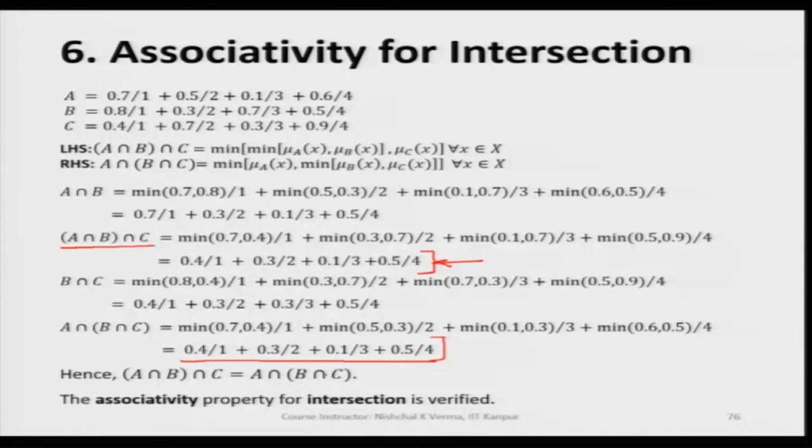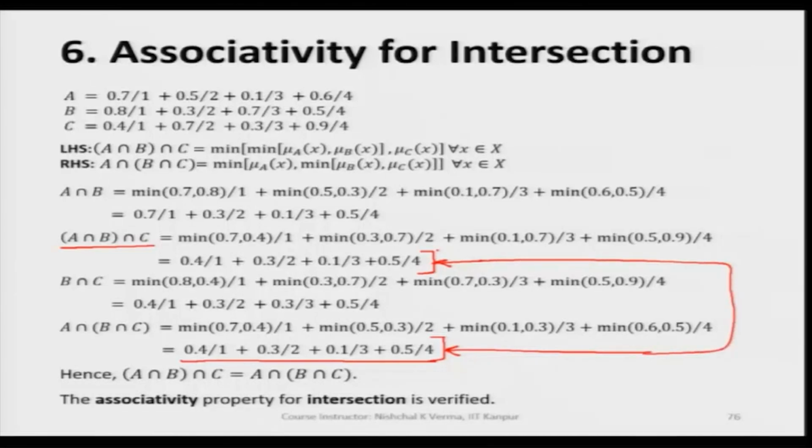If we look at all the elements of these two fuzzy sets, we find 0.4/1, 0.3/2, 0.1/3, 0.5/4, all separated with plus signs. So, we see that all the elements are the same as we have here.